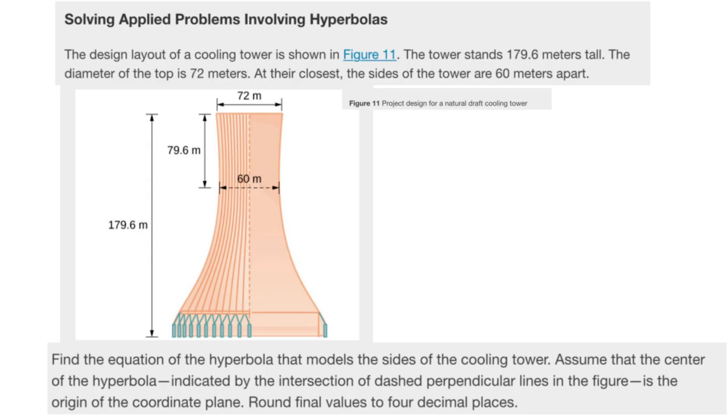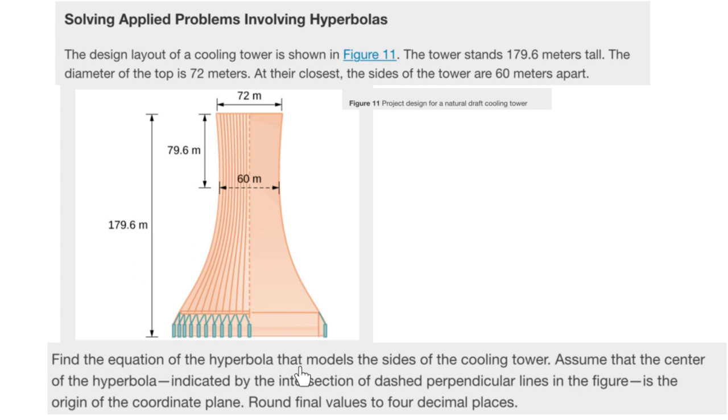Let's do an application problem involving hyperbola. This is a cooling tower. The tower stands 179 meters tall. So the height is given and the diameter of the top, that is given. At their closest, the sides of the tower is 60 meters apart. So this is 60 meters apart.